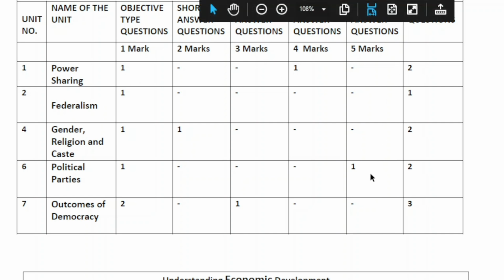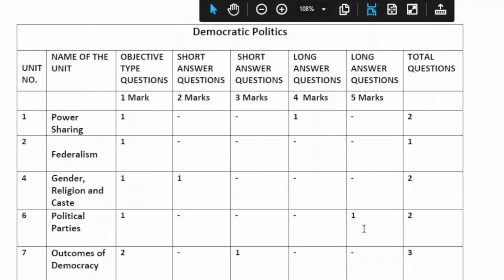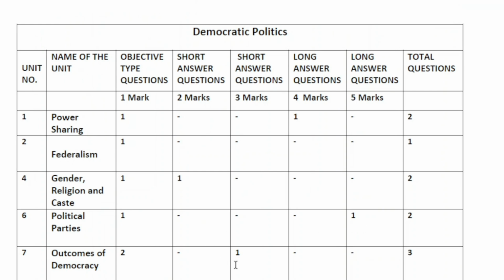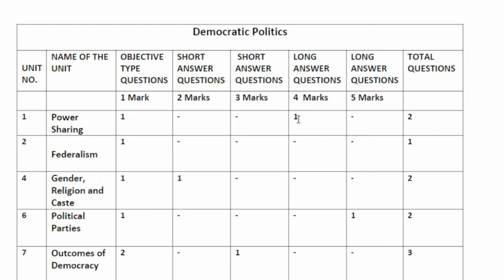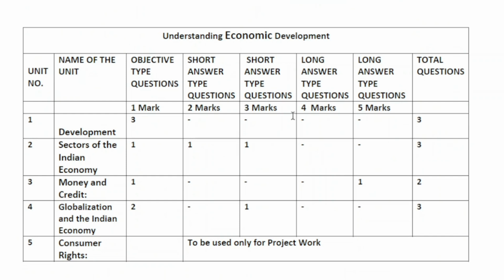Now you see, in both the question papers, the 3 marker is from this chapter, outcomes of democracy, and the power sharing chapter is carrying the case based question, that paragraph which comes in the question paper.